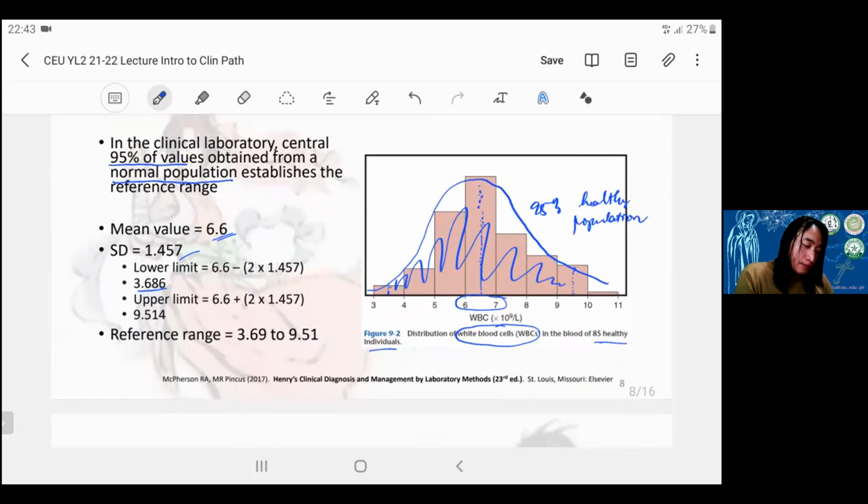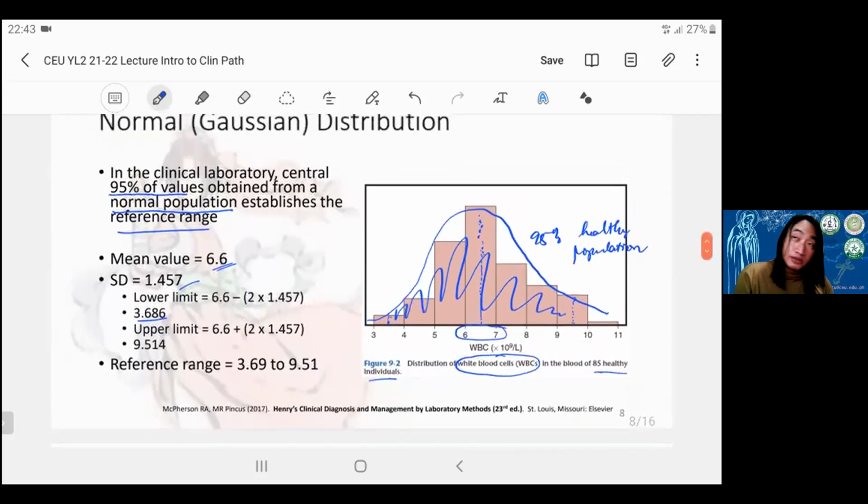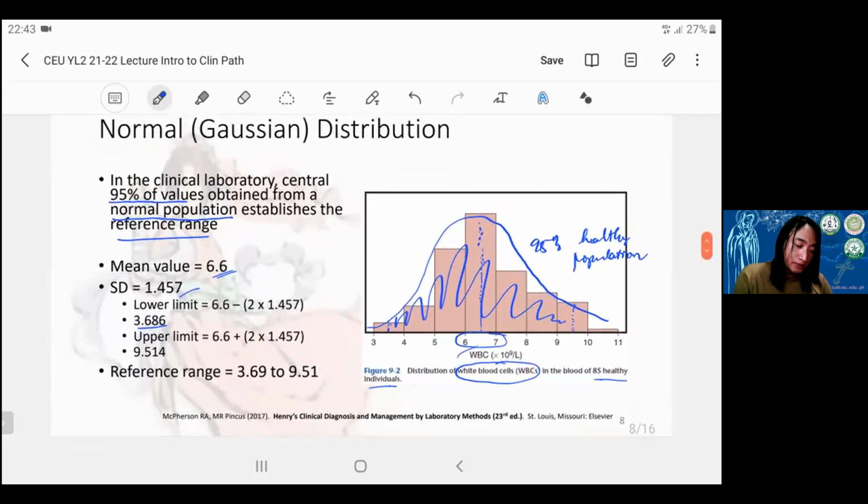So that's how we establish the normal value or the reference range for a certain test, such as your WBC count. So now we have a reference range of 3.69 to 9.51. We know that 95% of the healthy population would have these values.